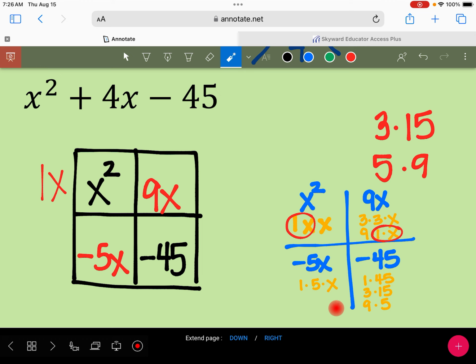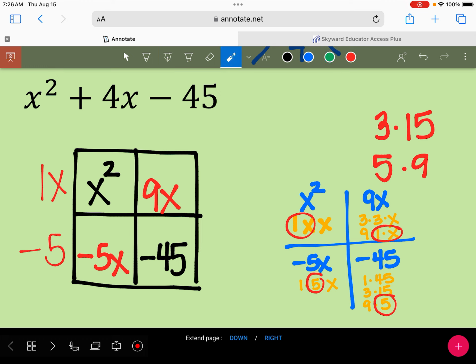They don't have any x's over here. They both have a 1 and they both have a 5, but you always pick the greatest number. So what's the biggest number that you see in both of these squares? A 5. So I'm going to take that out. Now when you take out that 5 though, it has to match the sign of the box it touches. So it's going to be a negative 5.